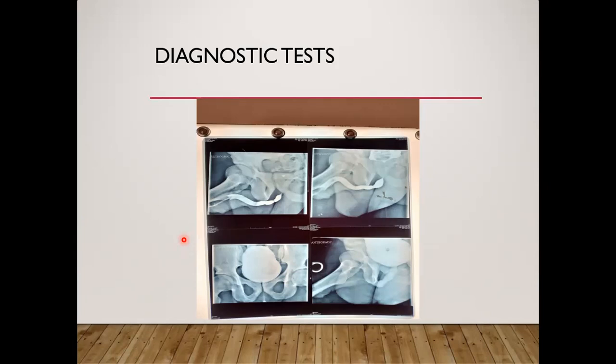You want to see if there are fractures, especially in the pubic and the ischiopubic rami. A fracture in the ilium does not have any connection with the bladder or the urethra, so it will not cause strictures. You are more interested in fractures involving the pubic bone and the superior and inferior ischiopubic rami.